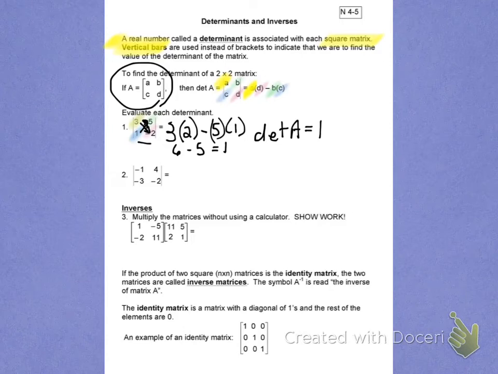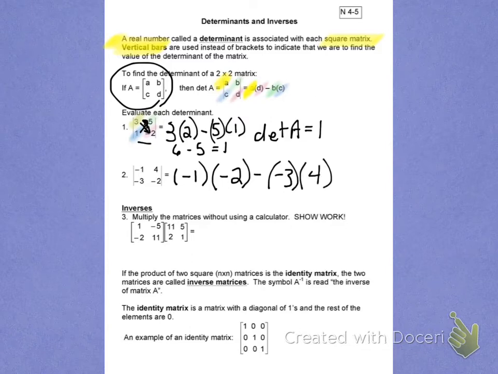Now this one I'm not going to do with a highlighter, that's going to take more time than I want. So here we have -1 times -2, minus -3 times 4.